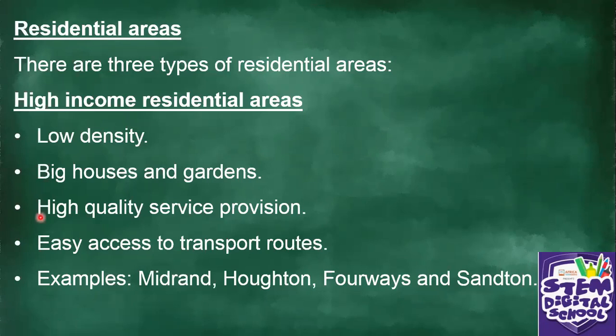So you get to understand this high income. What does it mean? Why do they call them the high income residential areas? It means those people living there, they earn high income, so they can afford those houses.